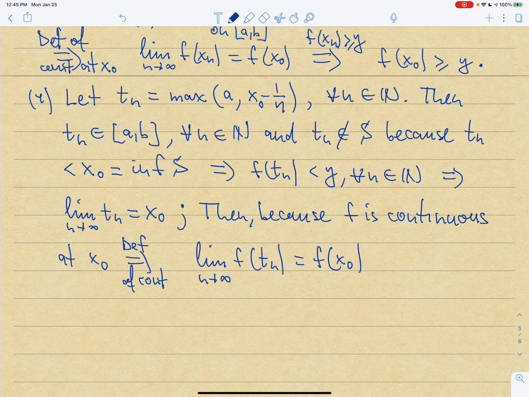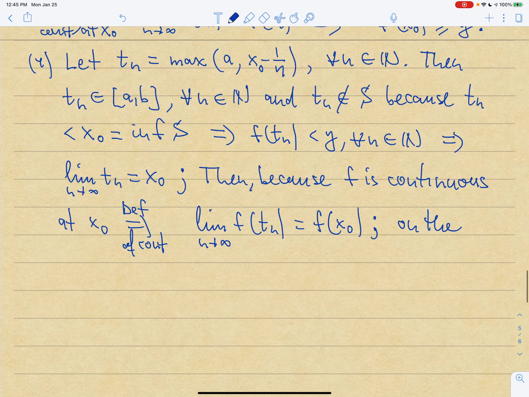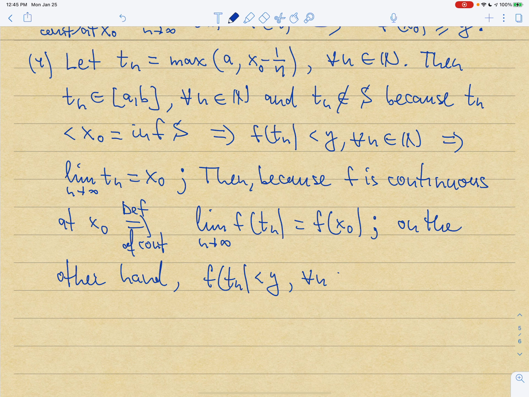All right, but on the other hand, we have that f of Tn is less than y for any n in N, and so I can take a limit of both sides in this inequality.